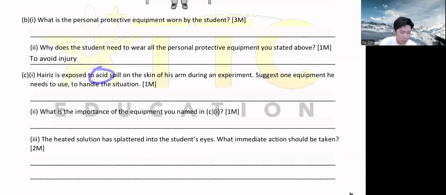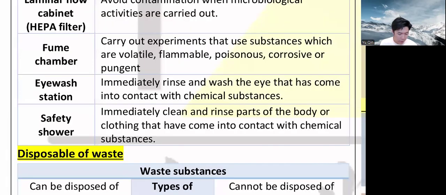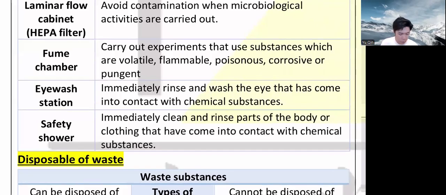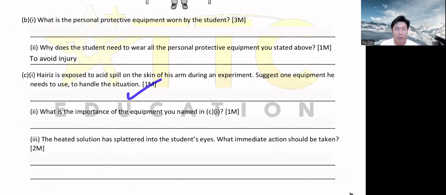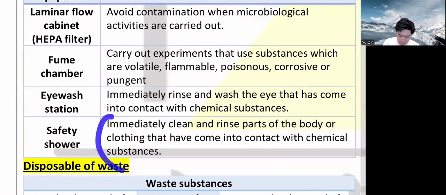So the first part is the safety shower, that's your answer for what equipment. And the second part, why it is so important, we can copy here, but change this to acid. Okay, go ahead.